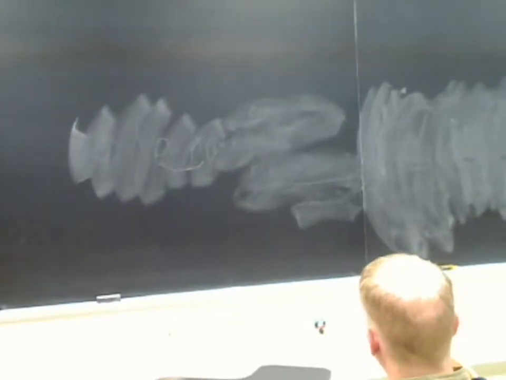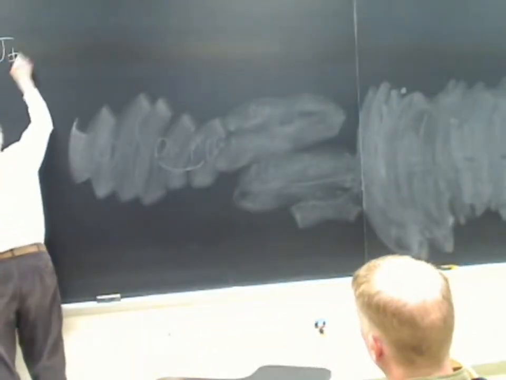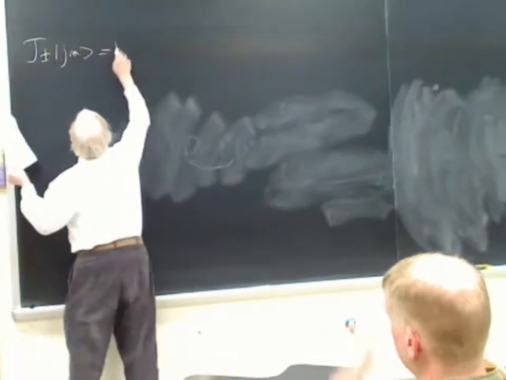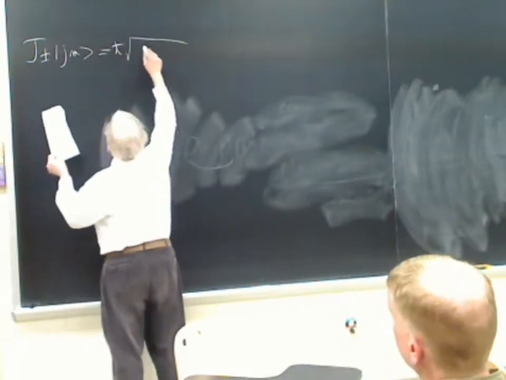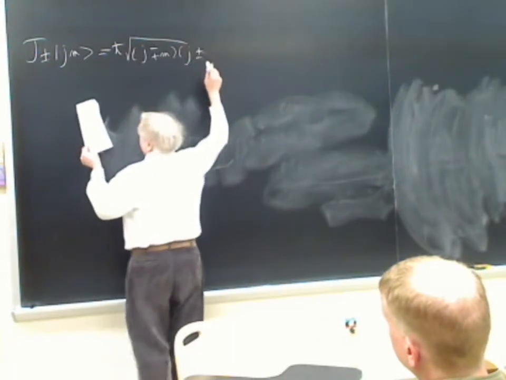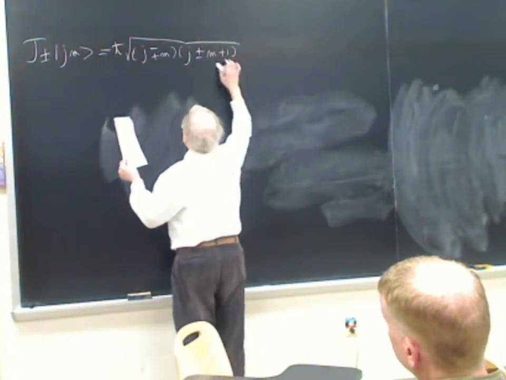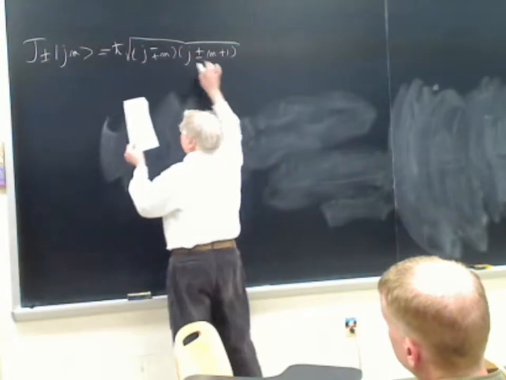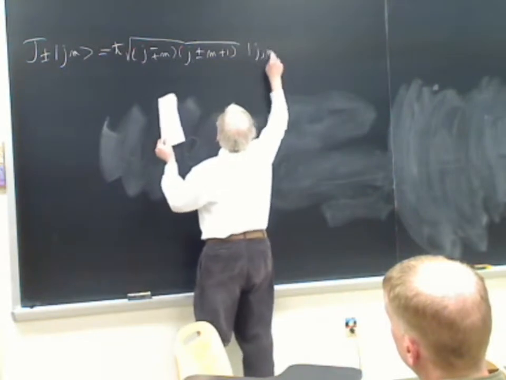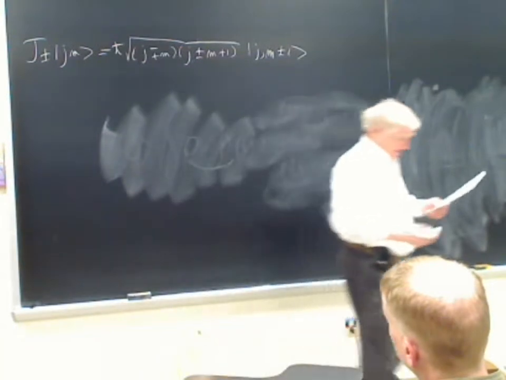The basic rule that we're going to use for all of this is J plus or minus on |J, M>, which we proved last time, is h bar square root of (J minus or plus M)(J plus or minus M plus 1) on the state |J, M plus or minus 1>. So that's the basic rule that we learned a couple of periods ago.